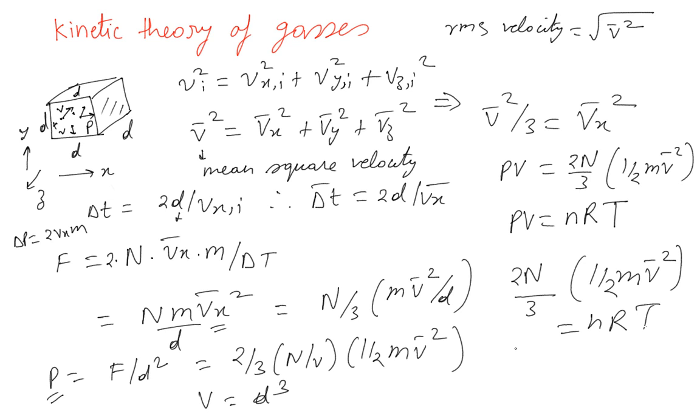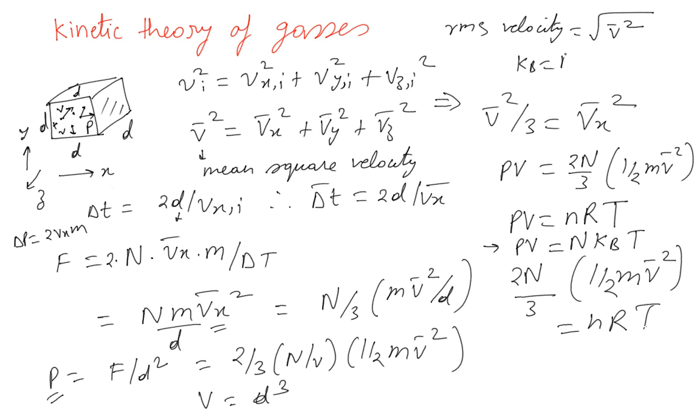We can actually write it in a different way. This equation can also be written as PV equals n kB T, where kB is a new constant. Doesn't matter because it's a constant.